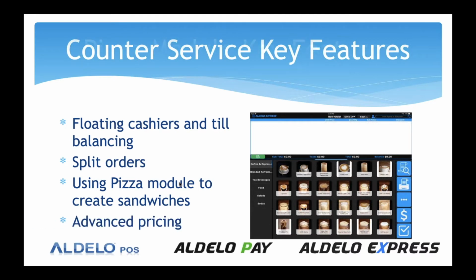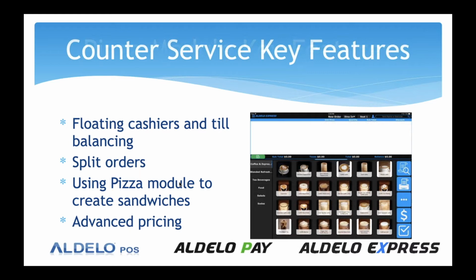And then, of course, we have advanced pricing, where if you're using this for a counter quick service, they may have different prices for different portions of the day, a breakfast menu versus a lunch menu. We do that very well, and then the advanced pricing allows you to make those changes. We also have the ability in the advanced pricing module to make mass price changes.